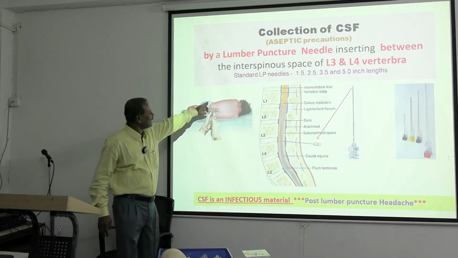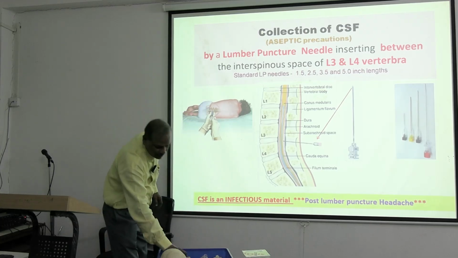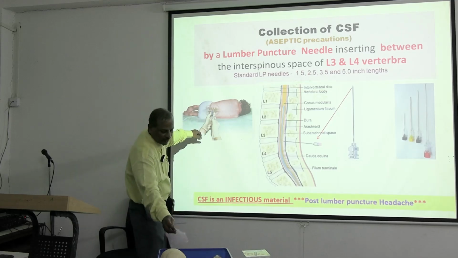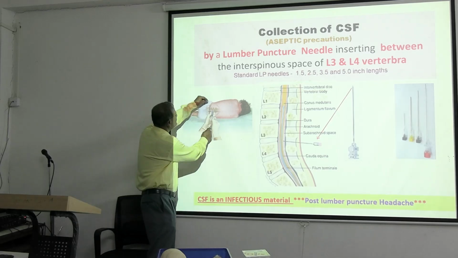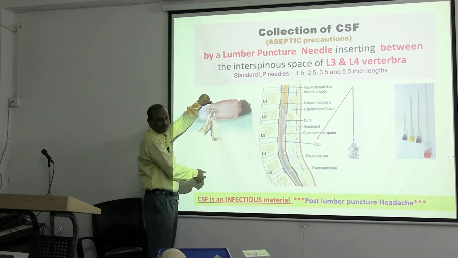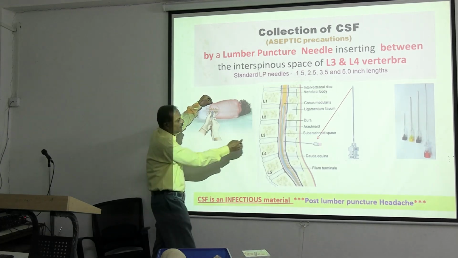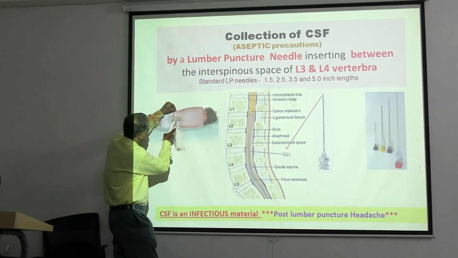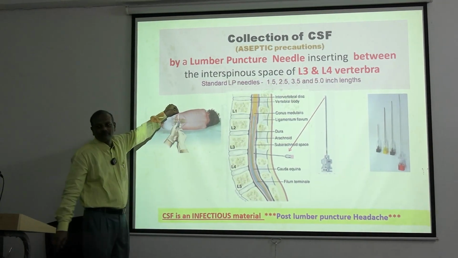So the highest point of the iliac crest, and if you make a perpendicular line like this, exactly perpendicular, be very careful. That space will correspond to L3, L4, exactly L3, L4.